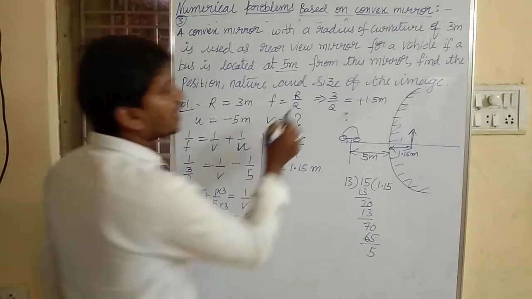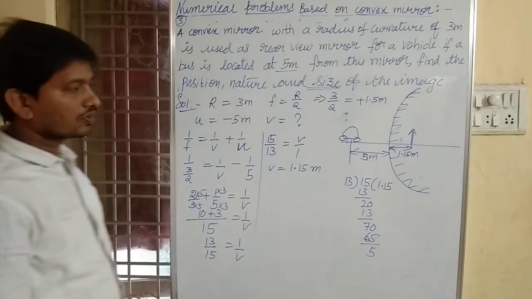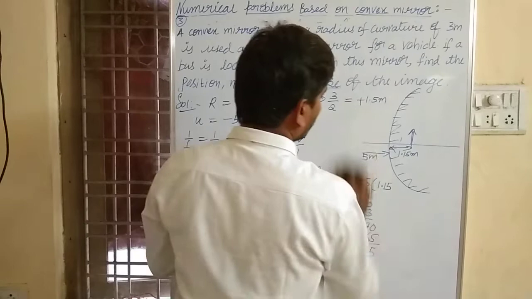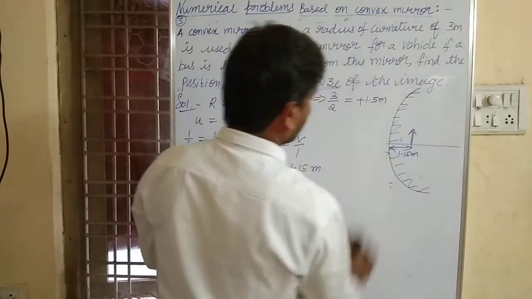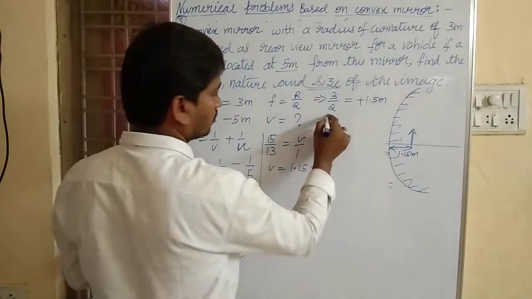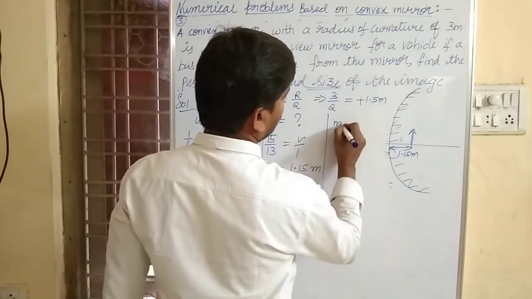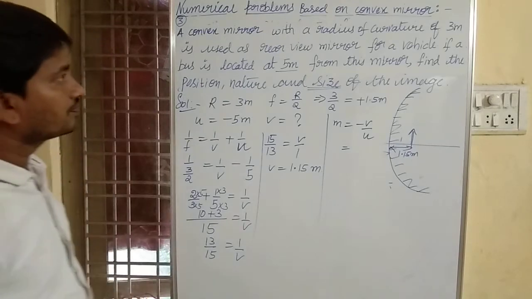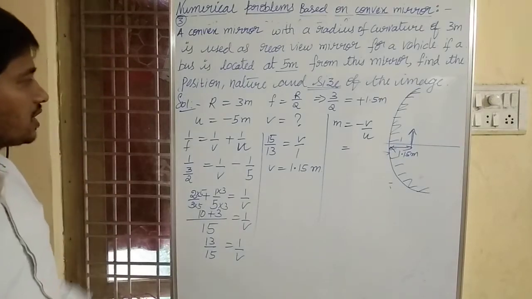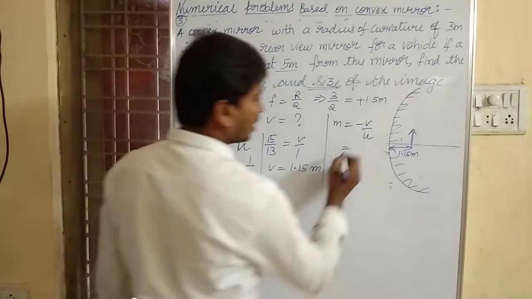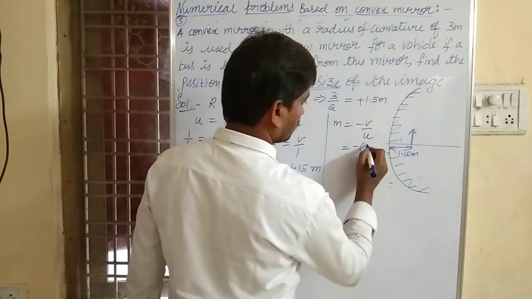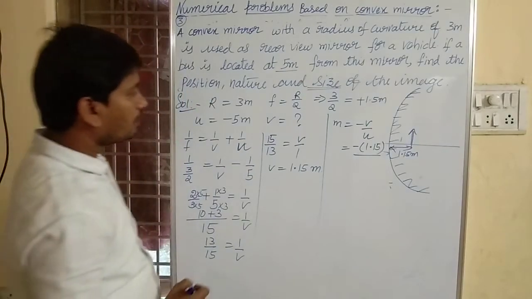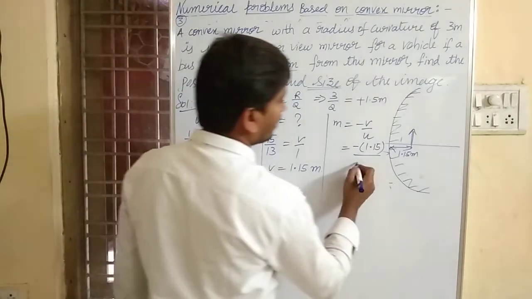Also, they are asking us to find the size of the image. For that, we have to find the magnification. Magnification M equals minus V by U. U is minus 5. So we get minus of 1.15 by the U value, which is minus 5.